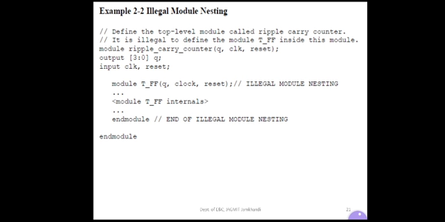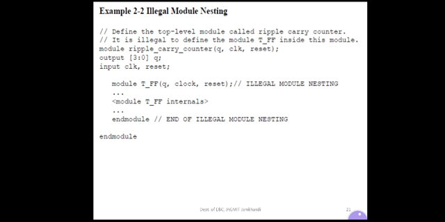Module ripple carry counter, terminals are Q, clock, reset, output is vector 3 down to 0, Q, inputs are clock and reset. This is the declaration part. Now see, again one more module is defined here. Module T flip-flop. This is not allowed. This is illegal module nesting.